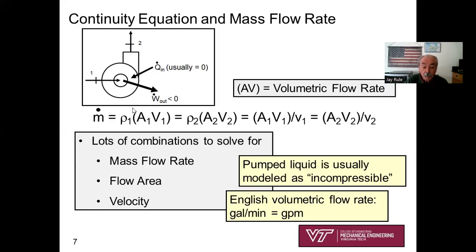And remember, if we need rho 1, if we want to say rho 1 A1 V1 is rho 2 A2 V2, we simply take the reciprocal of specific volume. Now, if it's incompressible, how do v1 and v2 compare? They're exactly equal. It's incompressible. Rho 1 equals rho 2 for an incompressible liquid.